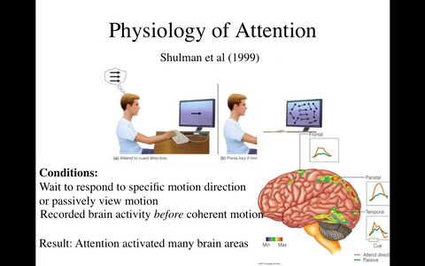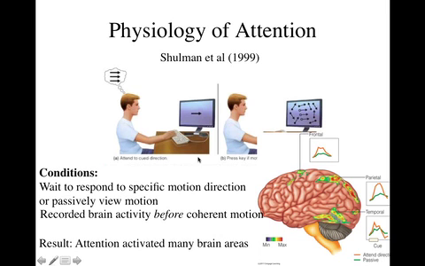Physiology of attention. As we mentioned, there are multiple brain areas, but several that have been identified are the parietal and temporal. Parietal is considered very important, and also frontal. So there are 3 different brain regions that have strong relationships to attention.